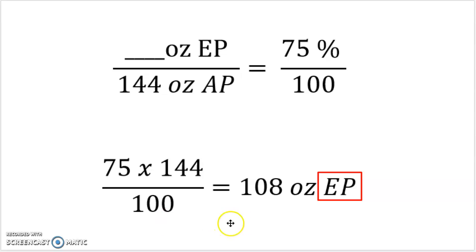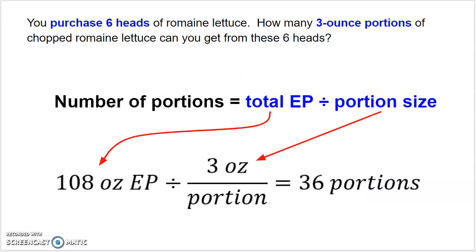Do our calculation, and we find out we've got 108 ounces EP labeled nicely. So then I go to my number of portions equals total EP divided by portion size formula. My EP is 108 ounces. The problem said we were doing 3-ounce portions, so that means I can get 36 portions.